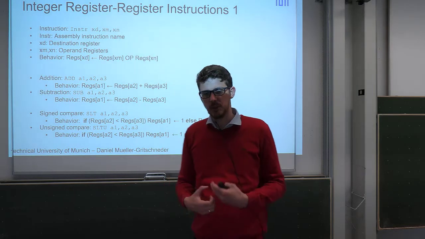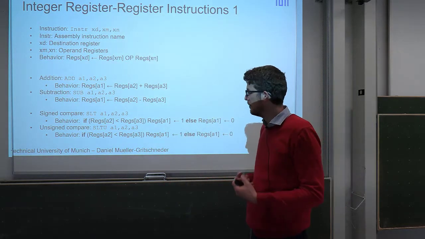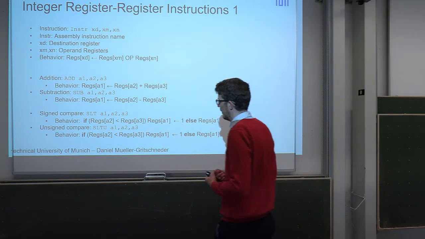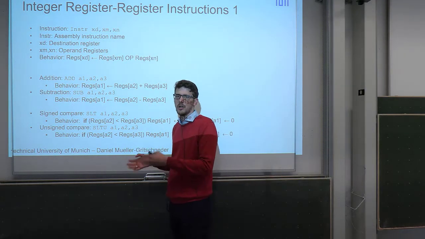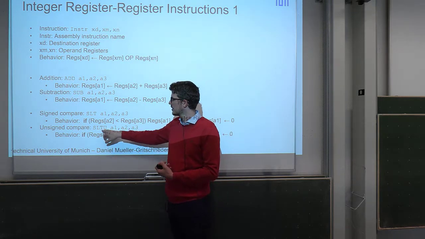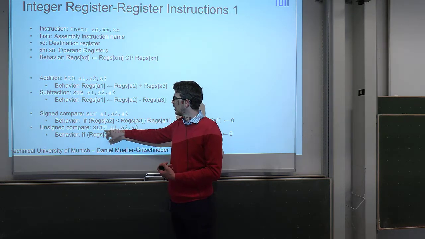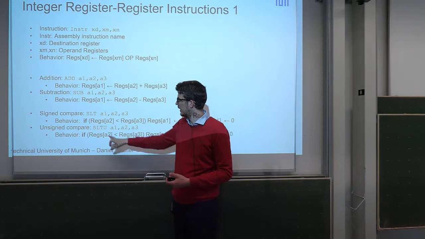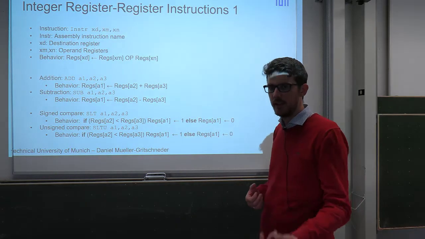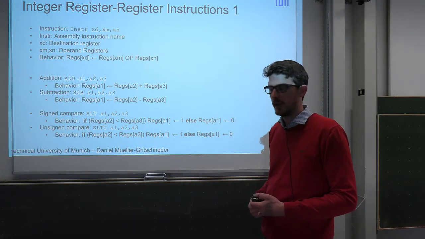Is the most significant bit a sign bit, or is it still part of your value? So do you have an integer or unsigned integer in this register? Therefore there's a second instruction: if you have unsigned values, you have to make an unsigned compare, indicated by this U. You'll find this everywhere: you always have the version for signed values and a second version for unsigned values.